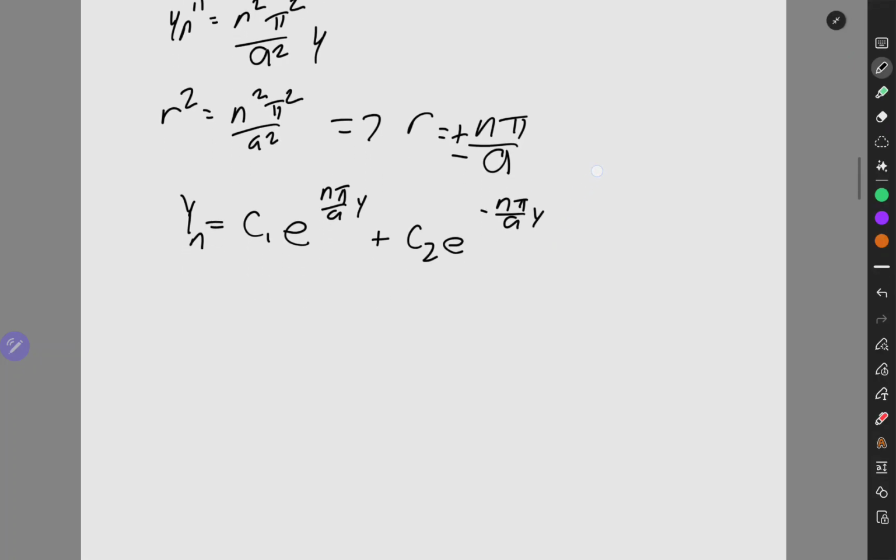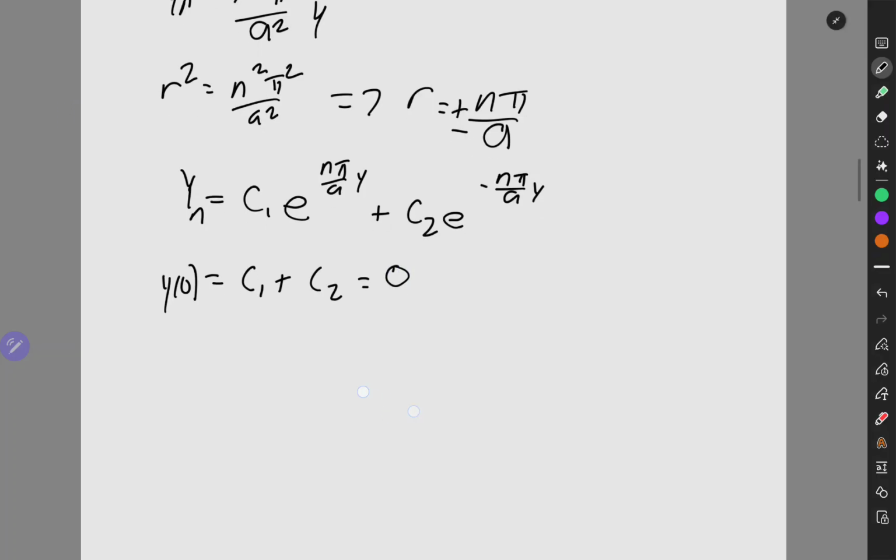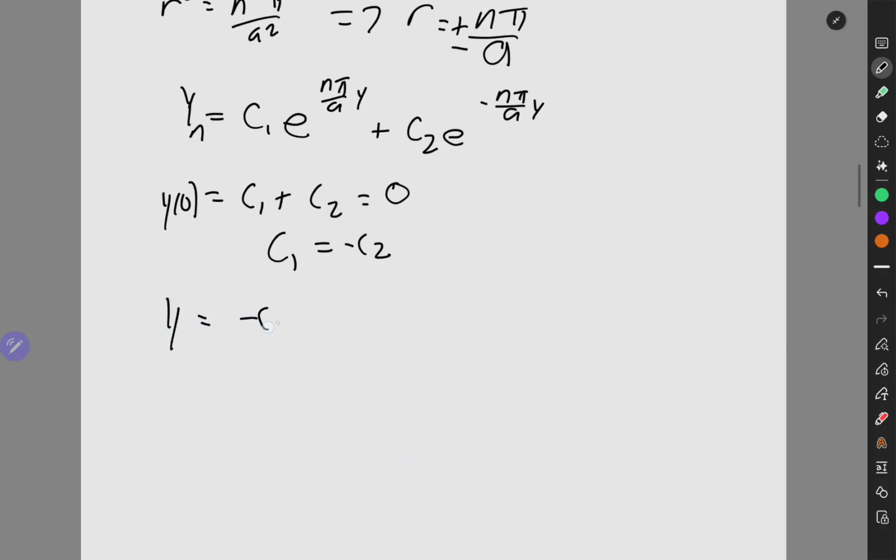So we can use our boundary condition, which is equal to 0. Remember, this is y of little y, and then so C1 will be equal to negative C2. So then y is equal to negative C2 e to the n pi over a times y plus c2 e to the negative n pi y over a.